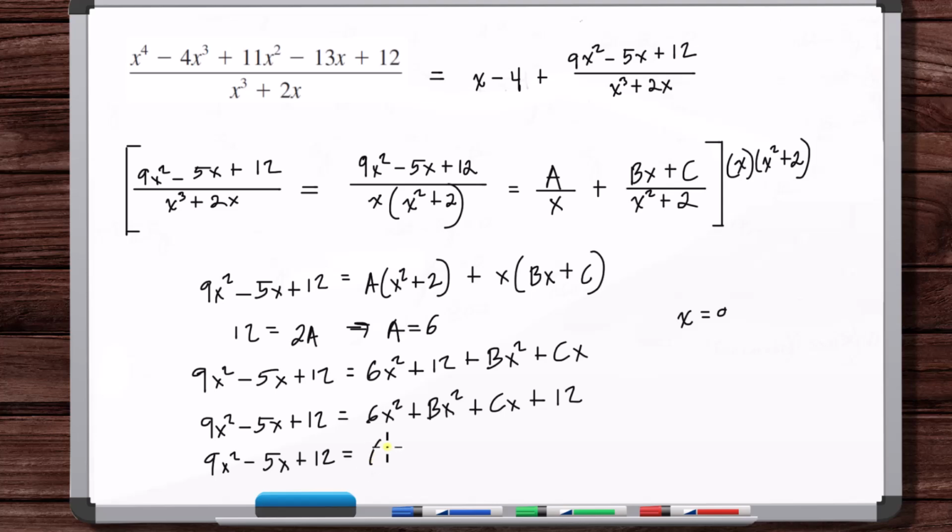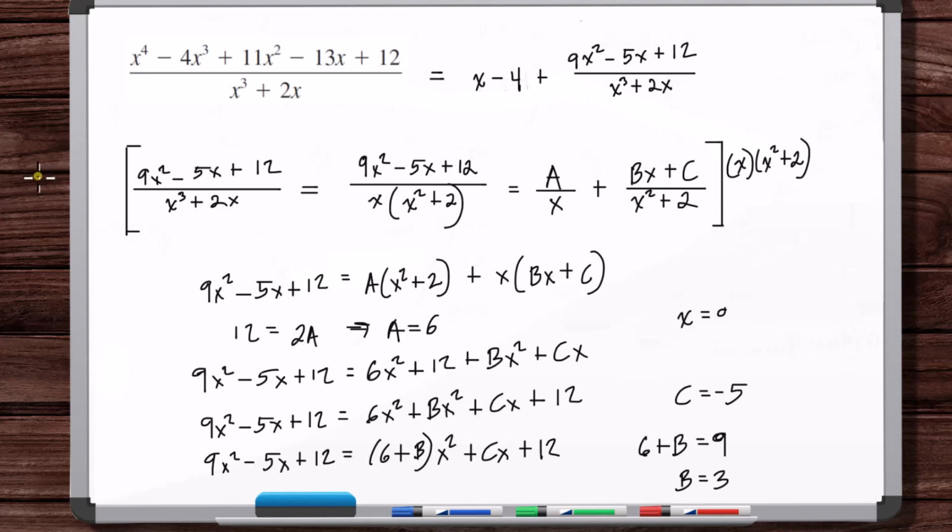Okay, so 6 plus b, times x squared, plus cx. So we can see c is equal to minus 5, and then we see that 6 plus b is equal to 9. So b is equal to 3.